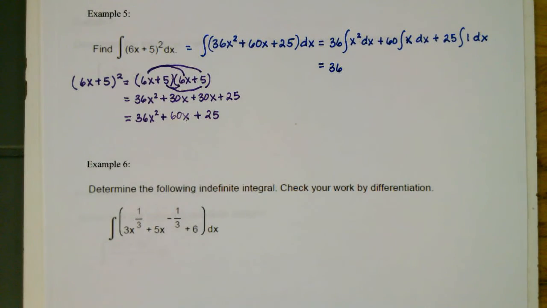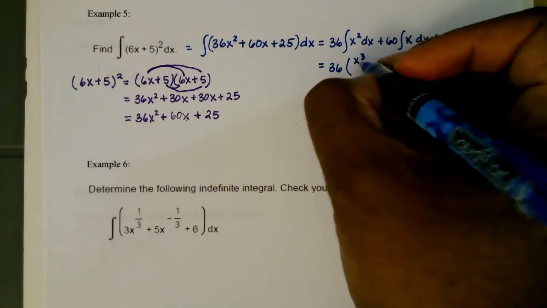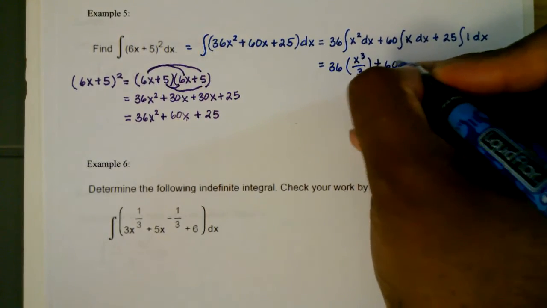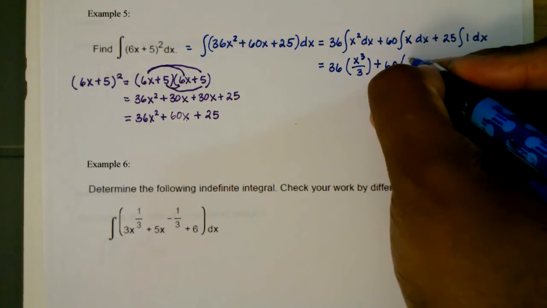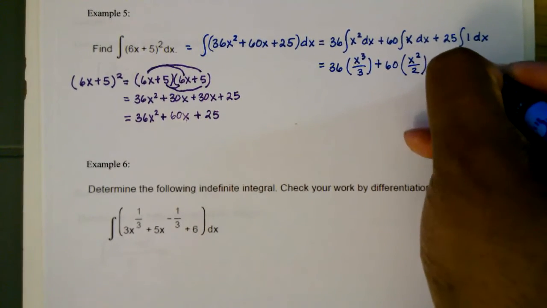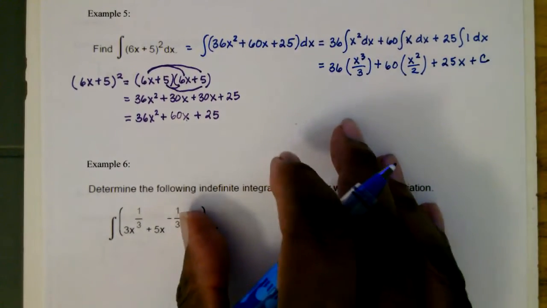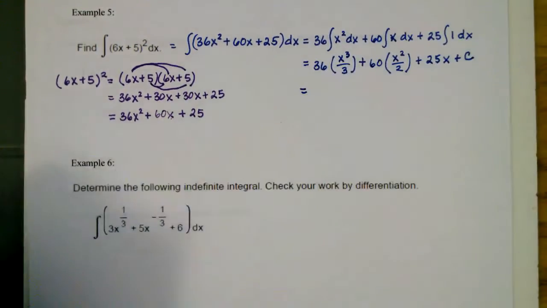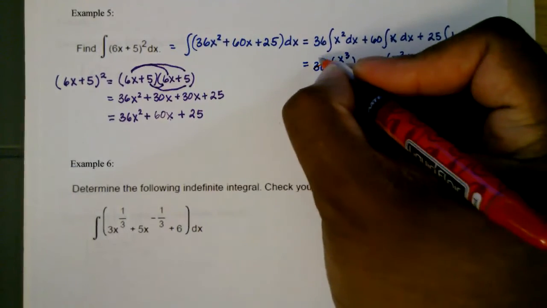So here, the integral of x squared, I add 1 to the power. That'd be x cubed, divided by that new power, which is 3, plus 60 times, this is x to the 1, so I add 1 to that power, it'll be x squared divided by 2, plus 25 times the integral of 1 dx, which would simply be x, and then plus c. Now, if I simplify this a bit, if I divide 3 into that 36, that would go 12 times.